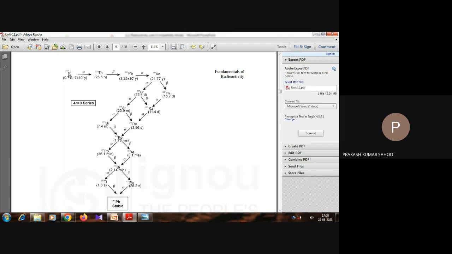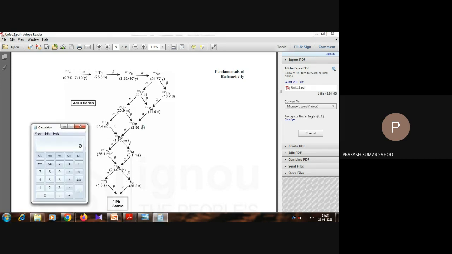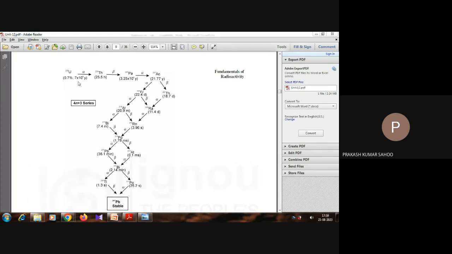If I divide 235 by 4, it is 58.75. That means it is 58 and the remainder will be 3. So that means it is 4n plus 3. By this way, you will know to which series this conversion belongs.